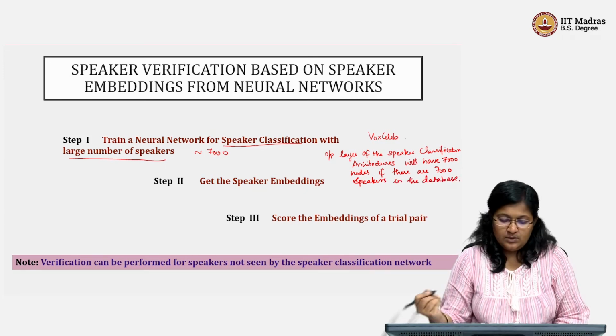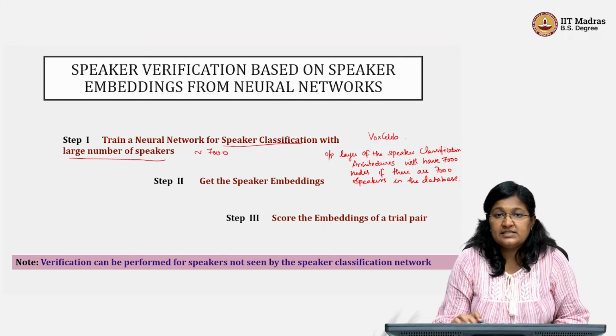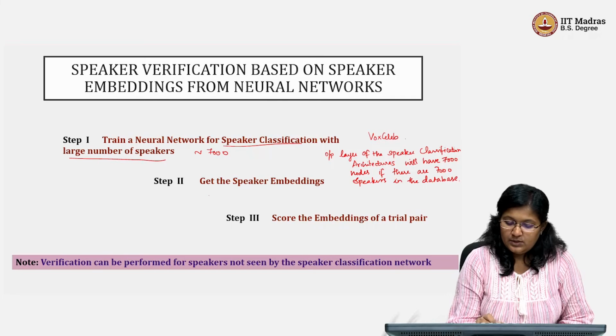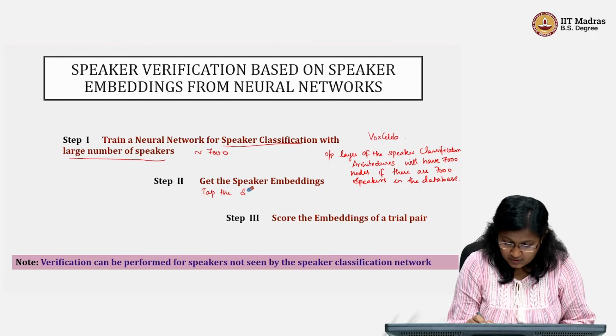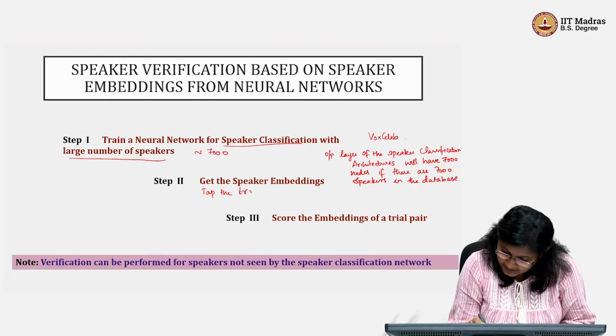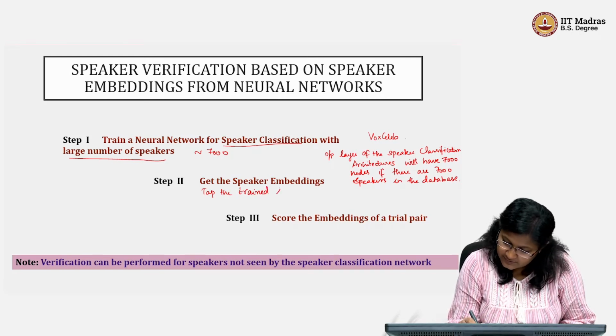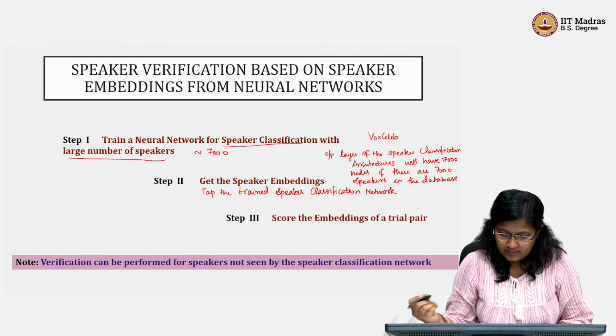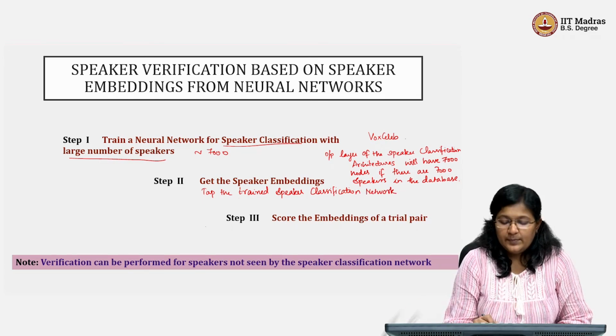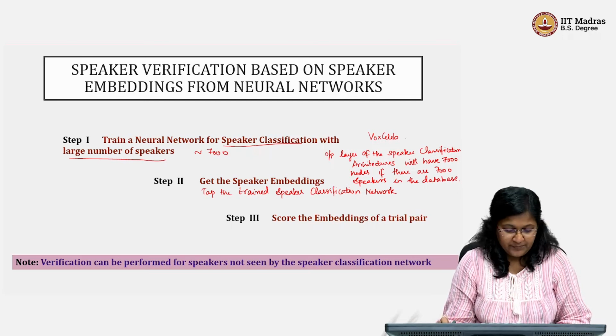Once it is trained to classify the speakers, you tap the network at some point. Which network? The trained speaker classification network. Then you get the speaker embeddings, and give those embeddings for scoring.